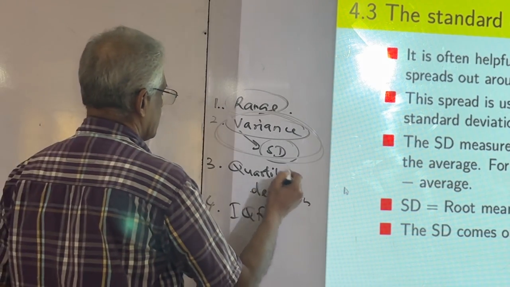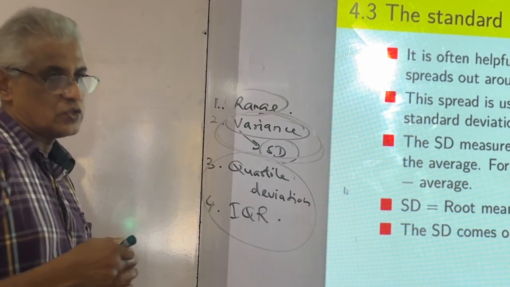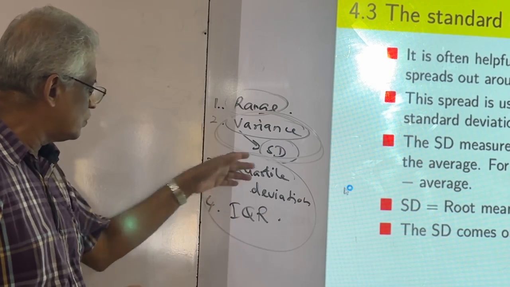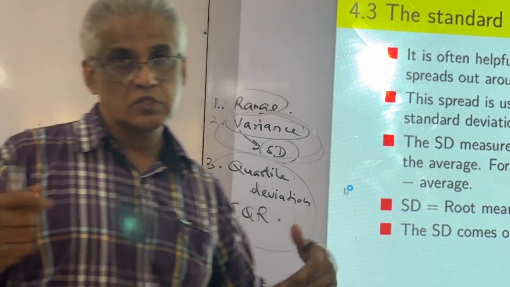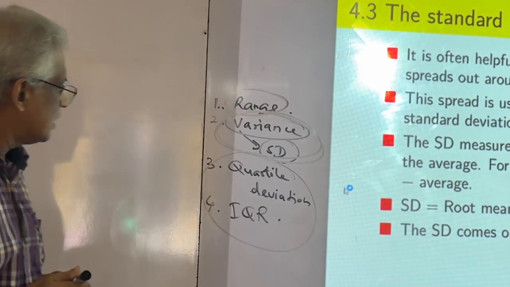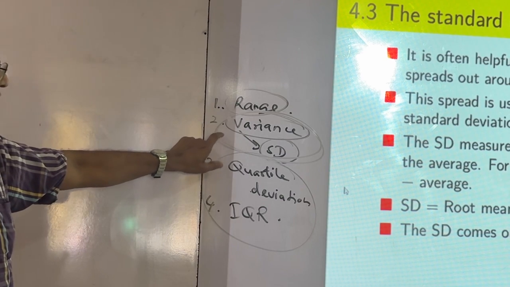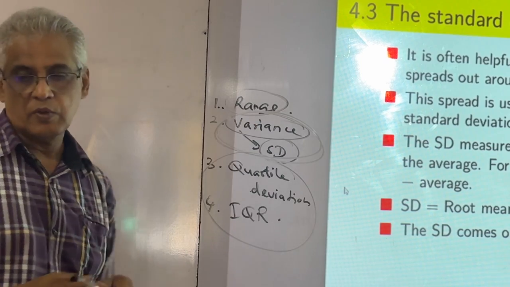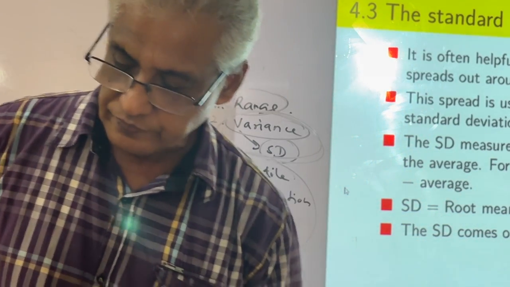If you have chosen the median as your average or the center, then people usually use one of these two as a measure of the spread. The book in this chapter talks about only the standard deviation. I think they are talking about this one a little later. So let's talk about the standard deviation.